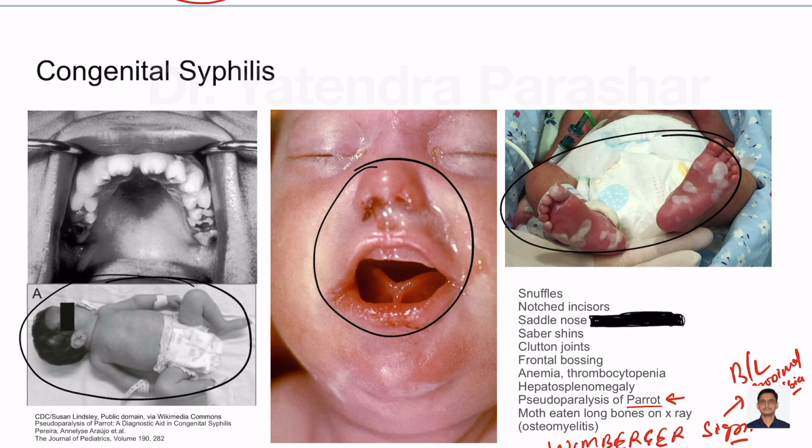Late clinical features include the Hutchinson triad. Hutchinson triad include the interstitial keratitis, Hutchinson teeth, and sensory neural hearing loss.